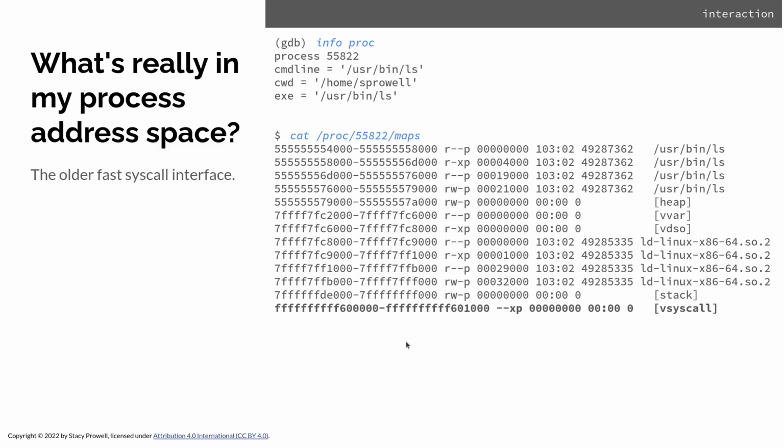Here is the older vsyscall interface. Now, what happened to the addresses? We went from this to this, right? What happened was this 7, remember that's the bottom 3 bits of a nibble. I go up one more and it's 8, and that high bit is set.